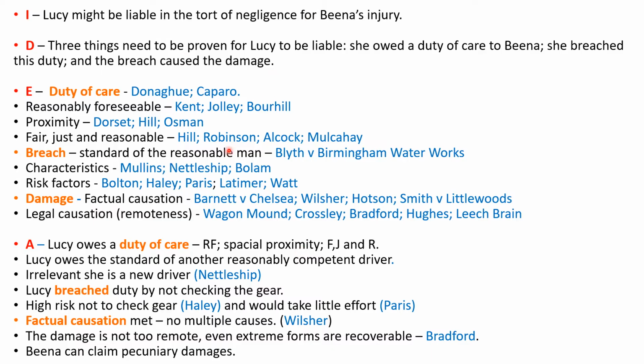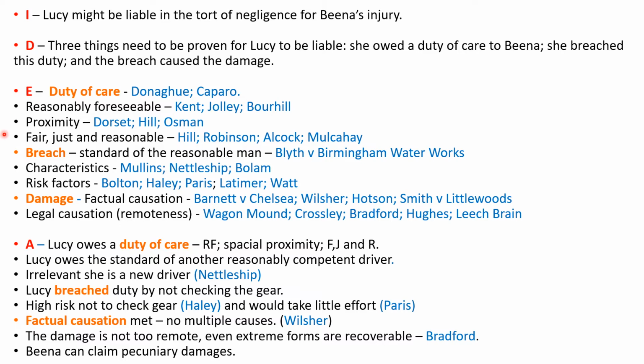And you could also say, when you're talking about reasonably foreseeable, that it's reasonably foreseeable that if you put the car into the wrong gear and you don't check what gear you're going into and you don't look in your mirrors, you might crash into something behind you.